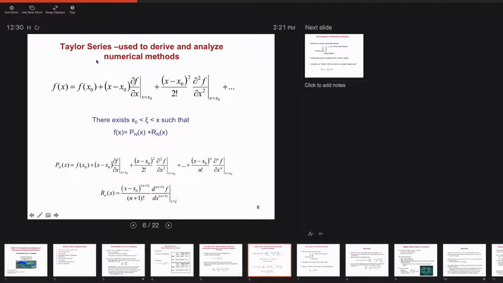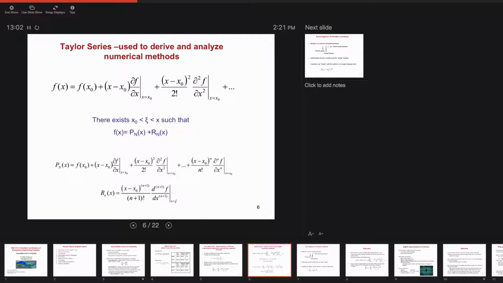I'm going to say, well, it's the value of the function at f of x0, plus the difference between the two points times the first order derivative of f evaluated at x equal to x0, plus x minus x0 squared divided by 2 factorial times the second order derivative. And if my function is nice, differentiable and continuously differentiable, as long as I keep going, I can keep going.